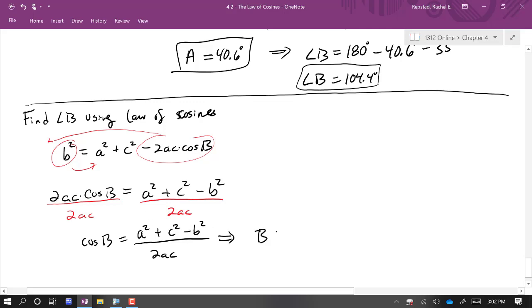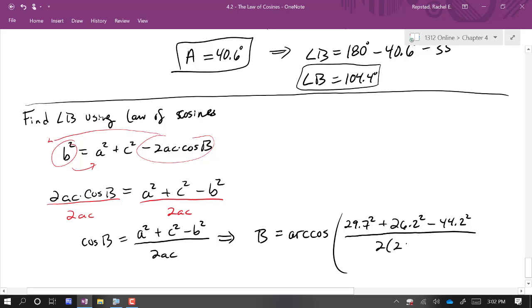So B is arc cosine of, and I'm going to go ahead and put in the values now. Side a is 29.7, so we have 29.7 squared plus side c, 26.2 squared, minus 44.2 squared, over 2 times 29.7 times 26.2.